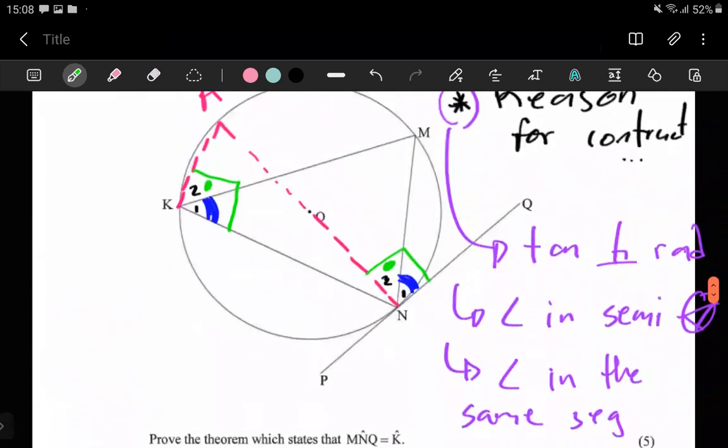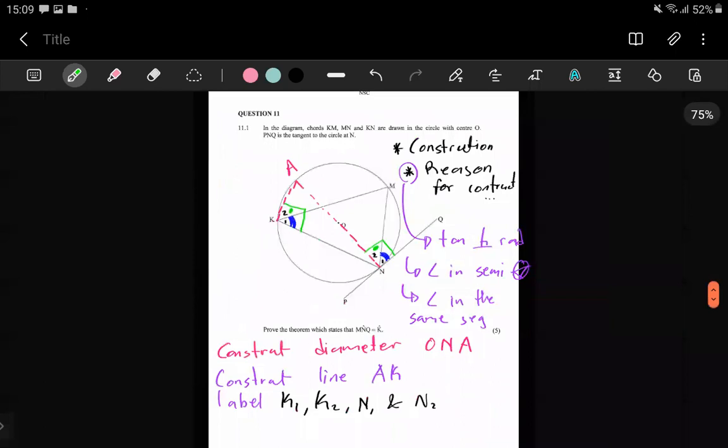So once you have stated those three things, N1 and K1 have no choice but to be equal to each other also. You get it? Because if everything is adding up to 90, and you remove something equal from each, whatever is remaining should be equal to each other.